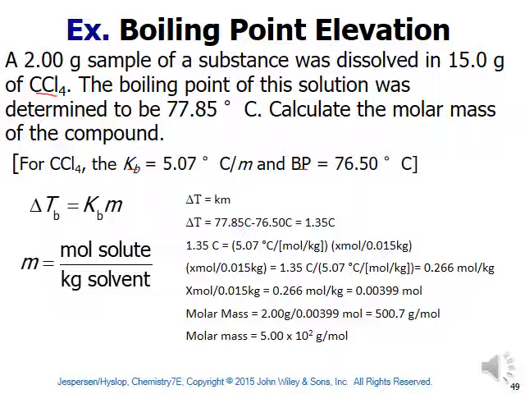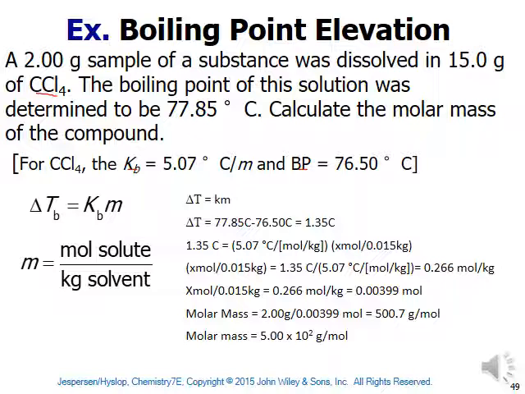So our formula is change in temperature equals K times m. So change in temperature is 1.35. So 1.35 has to equal K, so it's 5.07 Celsius per mole per kilogram.